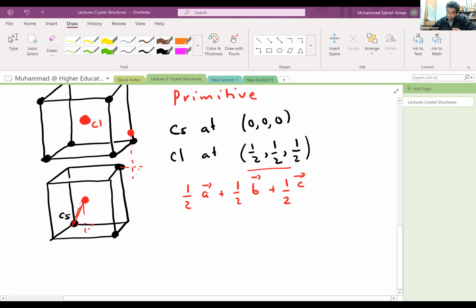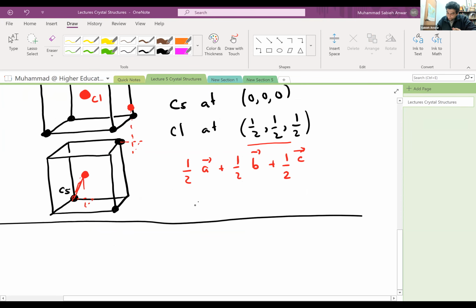Now, let's talk about these structures in the language of space groups. When we talk about space groups, we have to talk about the crystal structure, not only the lattice type, but also the motif, the geometrical arrangement of all the atoms that go inside this crystal structure.